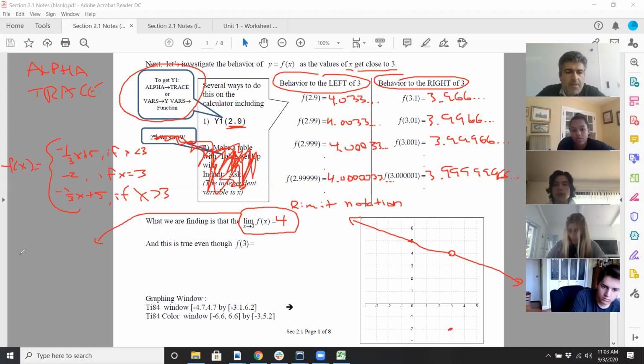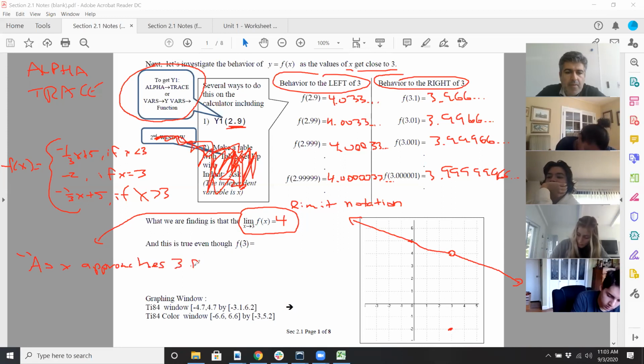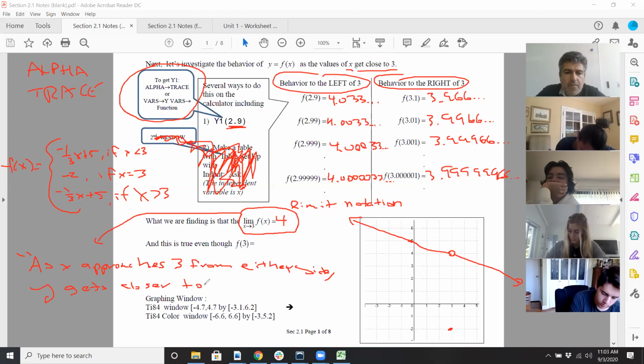This means as x approaches three from either side, y gets closer to 4.